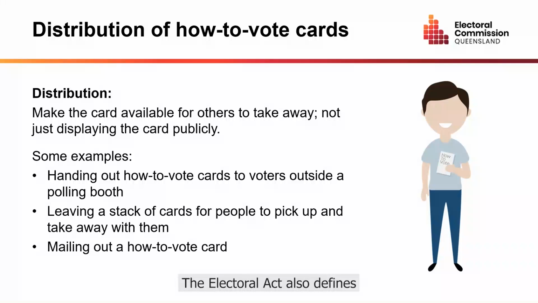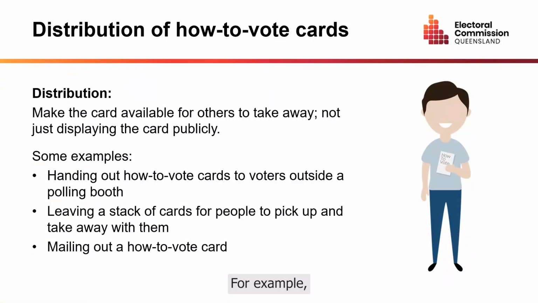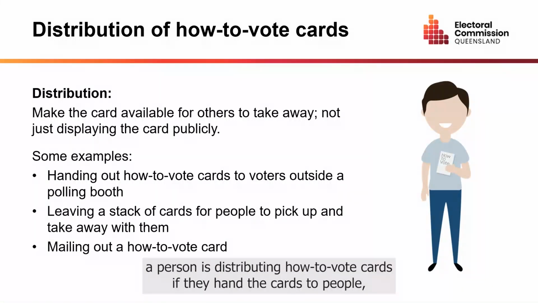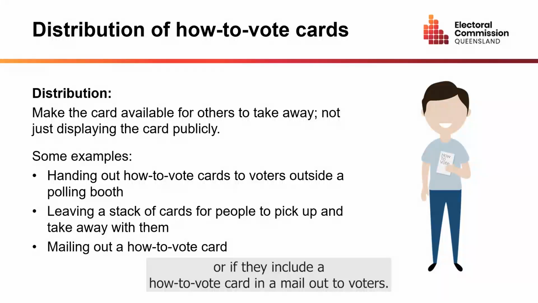The Electoral Act also defines the distribution of how-to-vote cards. It includes making the card available to other persons. For example, a person is distributing how-to-vote cards if they hand the cards to people, or if they leave a stack of cards out for people to take away, or if they include a how-to-vote card in a mail out to voters.